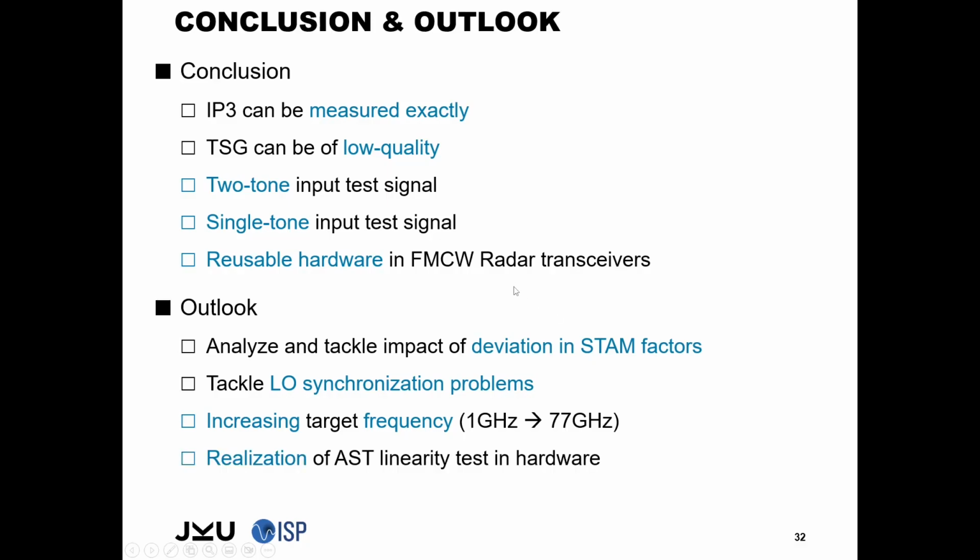And in the end, a realization of the AST linearity test in hardware would be great, because now the signal is transmitted from the oscilloscope to MATLAB and is then processed digitally on my computer in MATLAB.